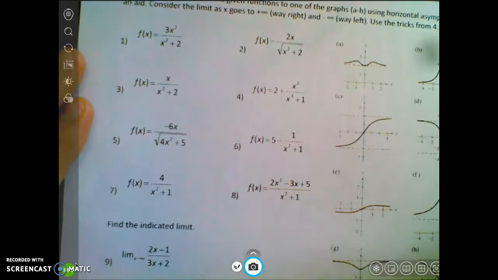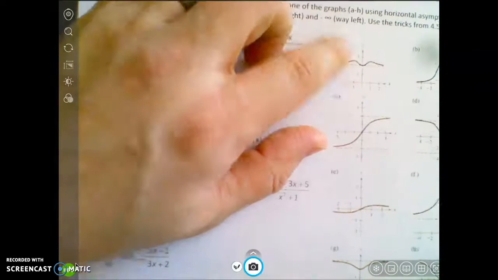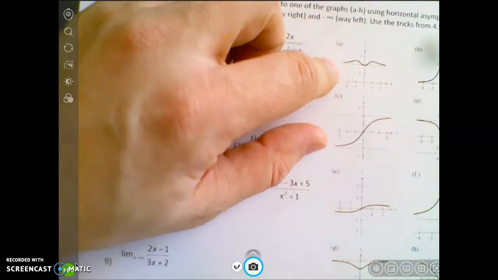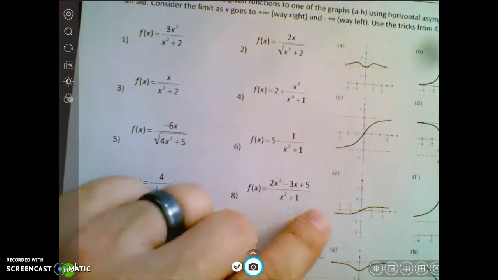There's one or two that are a little questionable because like this one. Where is it? Here. A and H are probably the hardest two. No, those aren't. We'll see. You'll run into it. Oh yeah, it's this one.